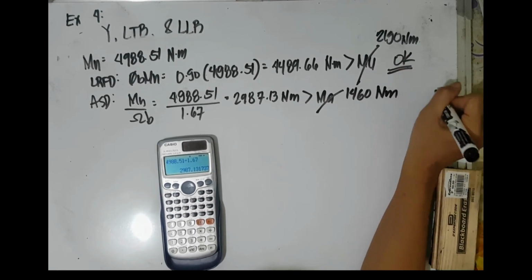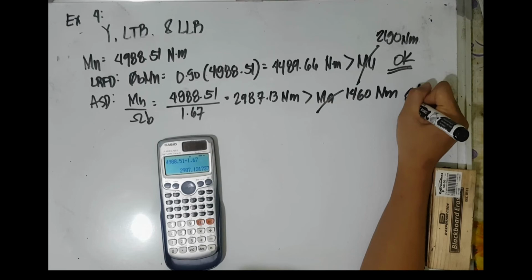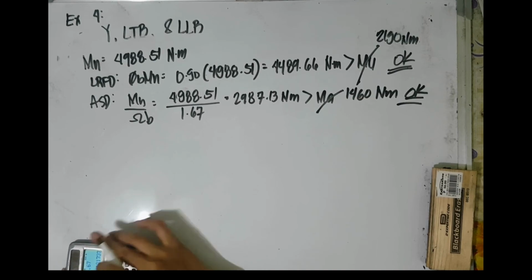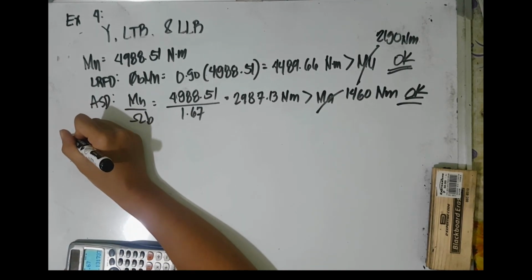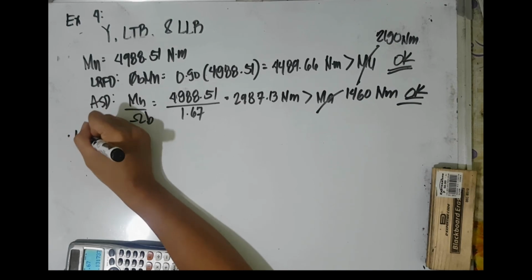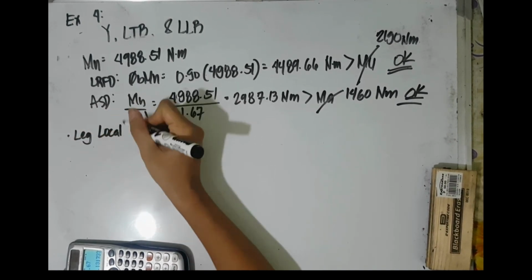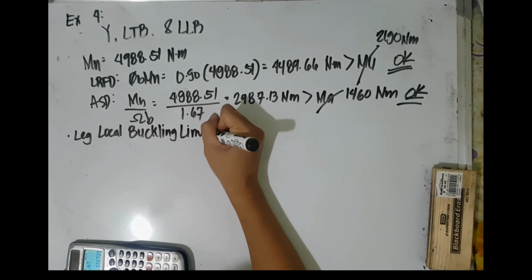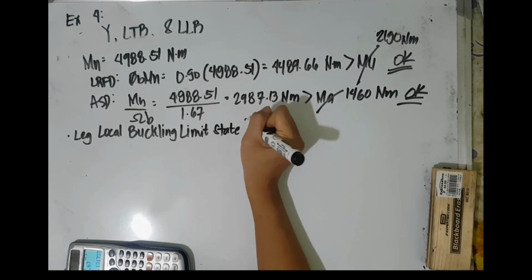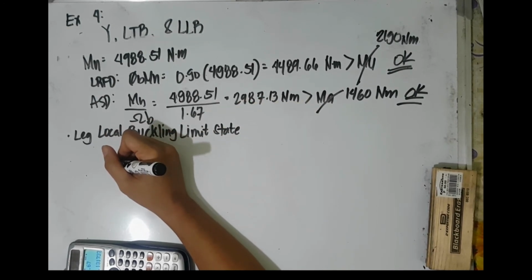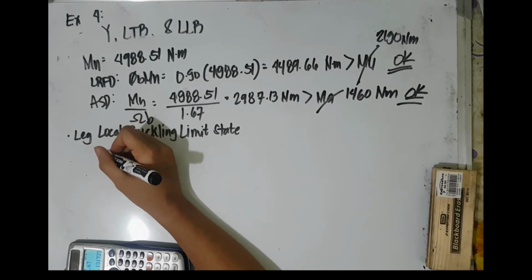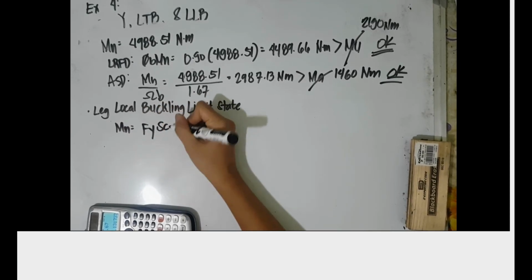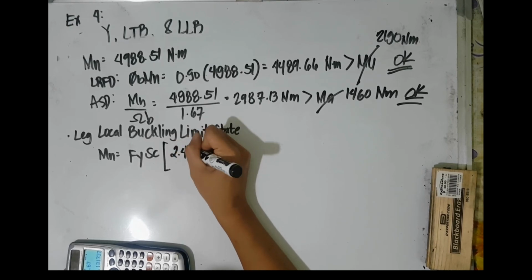And now we can proceed to the next limit state, which is the leg local buckling limit state, or the LLB limiting state. In which our nominal flexural strength is equal to this formula.